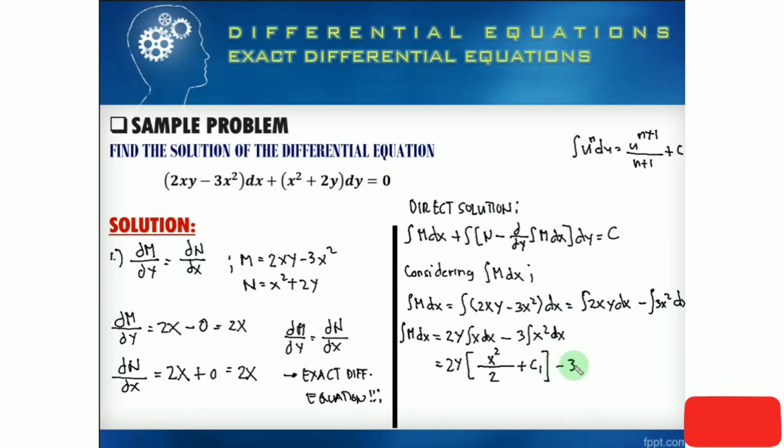Minus 3 times this quantity. So again, our n is 2, our u is x, so using this one, we have here x, then 2 plus 1, so this is 3, over 3 plus a constant, where we will assign our constant here as c2.